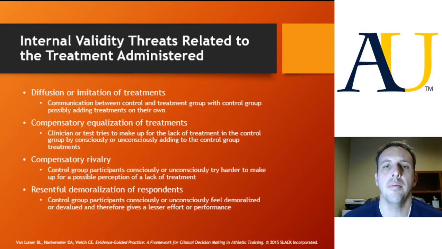Some other threats to internal validity that now have to do with reactions of participants during the course of the study have to do with what we normally try to prevent with bias and with blinding. So there's always the potential for conscious or unconscious bias to occur within the subject population.